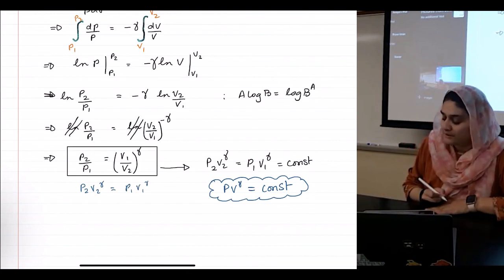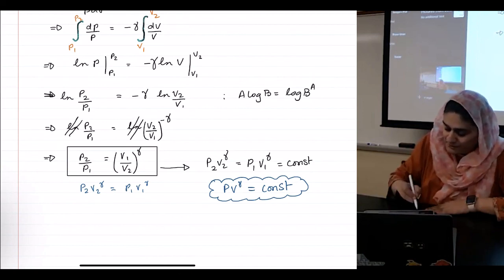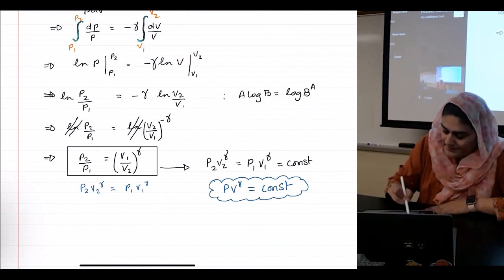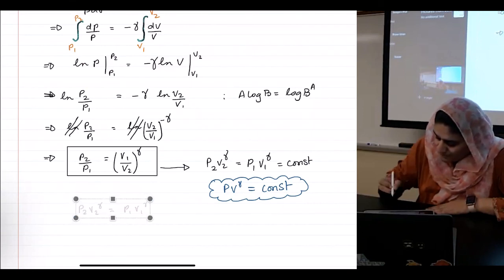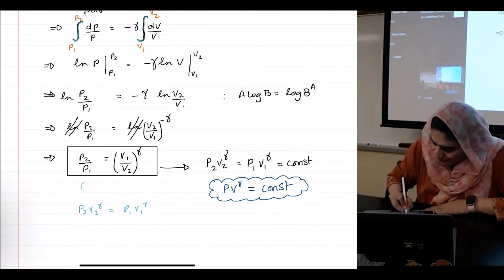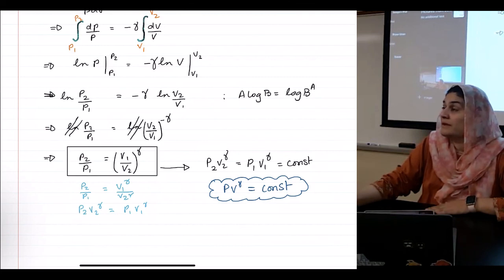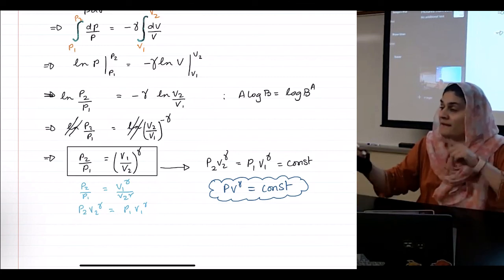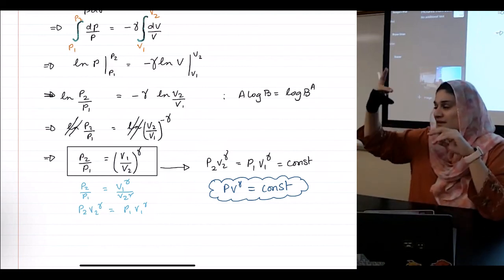I just opened it, so that gamma gets distributed over V1 and V2. Hold on, one more step. What I did was P2 over P1 equals V1 gamma over V2 gamma, and then I cross multiply. It gets distributed over both.